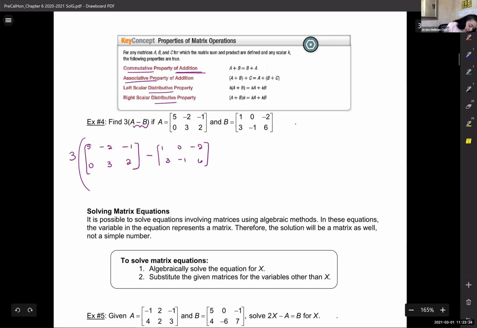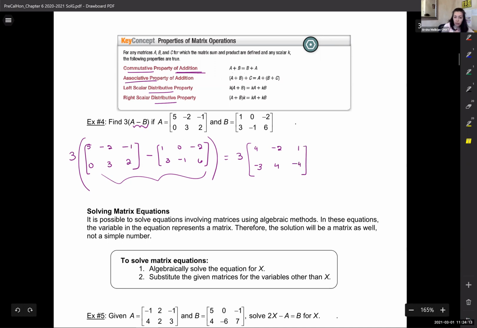Do you see how the grouping symbols work? In math in general, we always alternate parenthesis, bracket, parenthesis, bracket as you go, in to out or out to in. This is 3 times, let's subtract the inside matrices. I'm going to get 5 minus 1, 4; -2 minus 0, -2; -1 plus 2, 1; 0 minus 3, 3 plus 1 is 4; 2 minus 6 is -4.